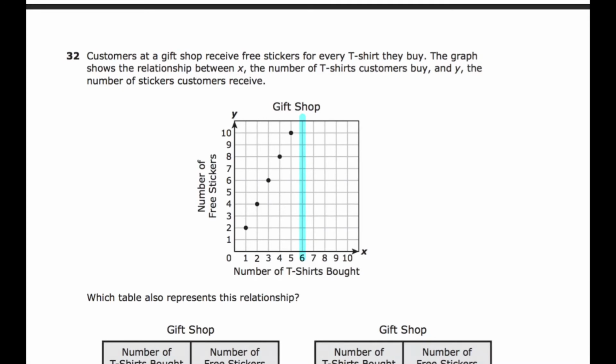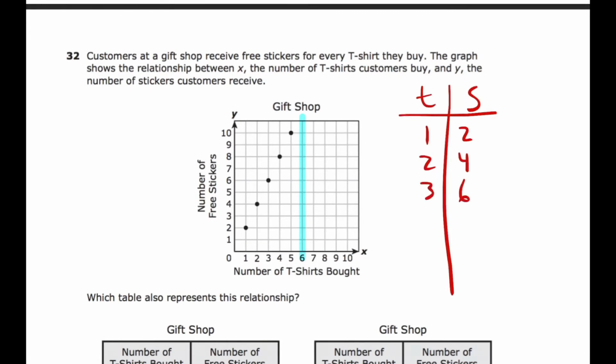So what I'm going to do is look at the information that they gave me. I'm going to make a quick T-chart, T-shirts and stickers, or you could say X and Y. I'm going to make a table of the points that are on the graph. For one t-shirt, it looks like 2 stickers. 2 t-shirts is 4 stickers. 3 t-shirts is 6 stickers. 4 t-shirts is 8 stickers.